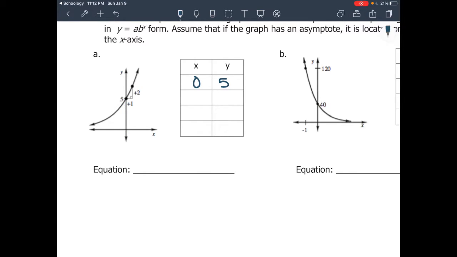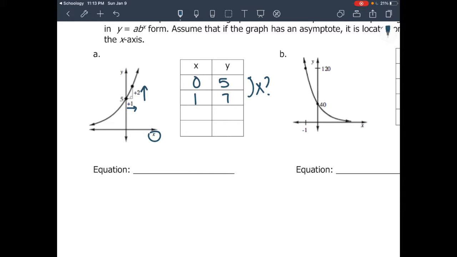To find the second point, it adds 1 for the x value, and then it adds 2 for the y value. So plus 2 would be 7. But since we know that this has to be exponential, we're not thinking about it in terms of plus 2 every time. We were just doing that to get that second point. We really need to figure out what we multiply by, so then we can write our equation.